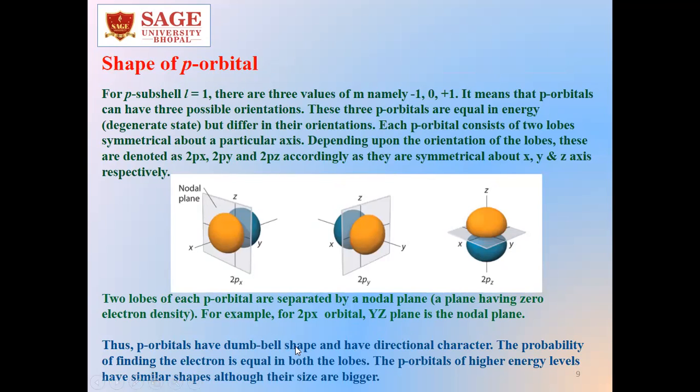So what did we learn about p orbitals? We learned that the p orbitals have dumbbell shape and have directional character. The probability of finding the electron is equal in both the lobes. P orbitals of higher energy levels have similar shapes, although their sizes are bigger.